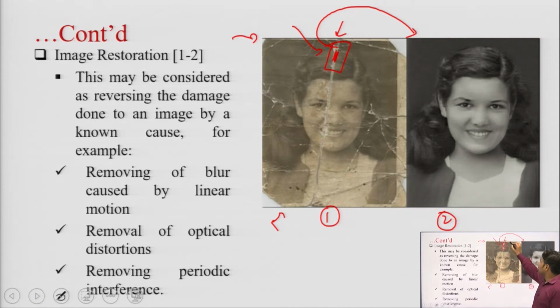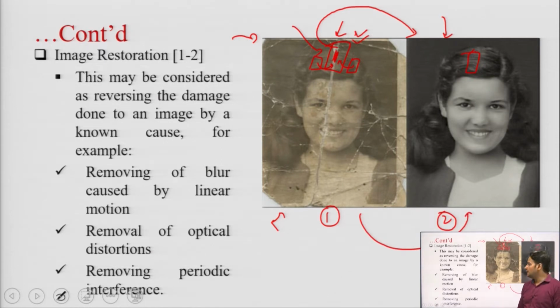See, this is your original image, and after the restoration process you may observe that the portion is completely filled by neighbor pixels. You can say that pixel is filled here, or it might be that pixel you fill here. By using this process your image is completely restored and it will look like this one.